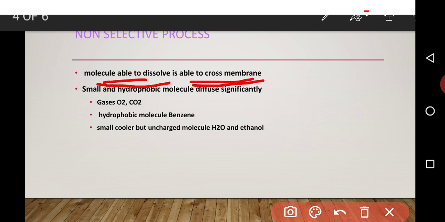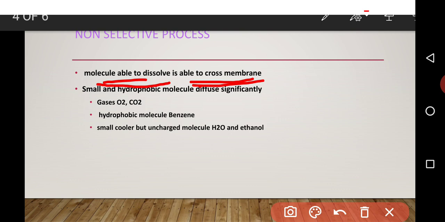Now again, when there are small molecules, and these small molecules are hydrophobic in nature, these molecules diffuse significantly in comparison to larger molecules or hydrophilic molecules. This means the molecule should be small, and it should be hydrophobic.